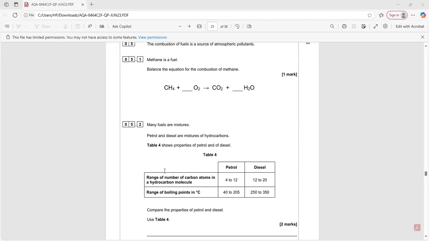Okay, clearly you can see that petrol is more volatile than diesel. I mean, you can see the temperature at which it will change to, what do you call it, vapor. Let's just say you take the lower ones, 40 for instance for petrol, and 250 for diesel. Sometimes when you're outside under the hot sun, the temperature can get up to 40.